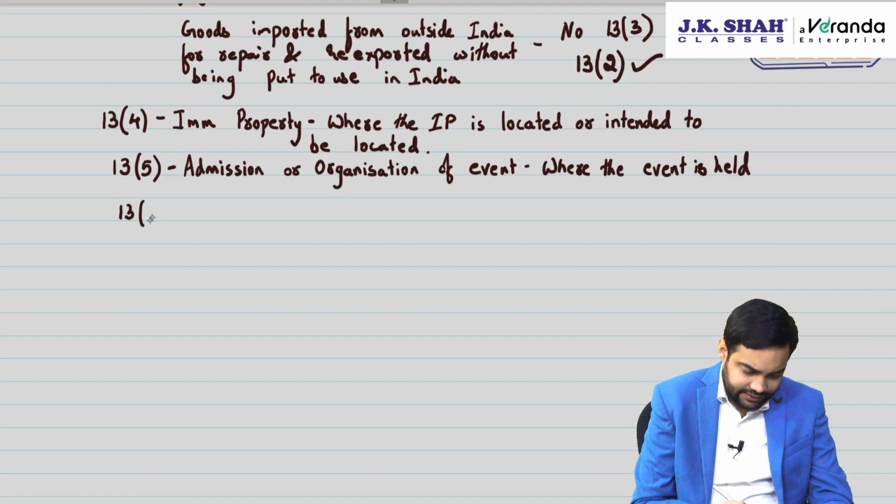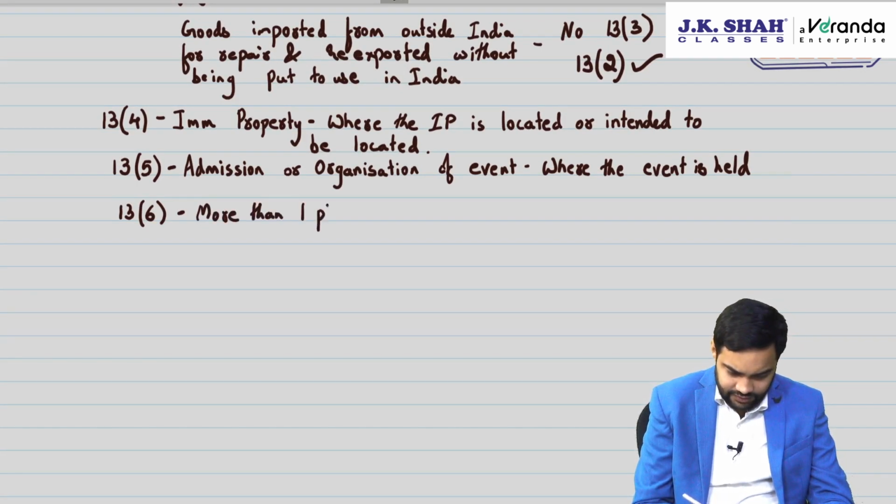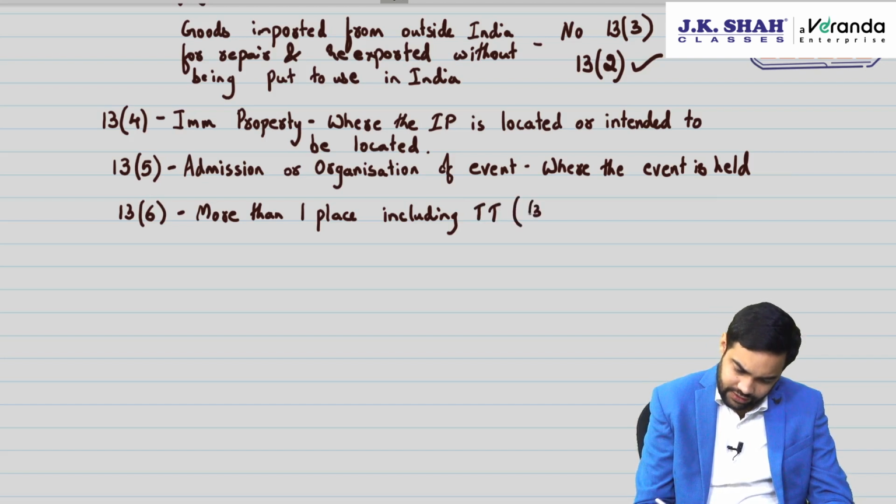Then 13.6. 13.6 basically talks about more than one place, including the taxable territory. And this covers only 13.3, 13.4, 13.5.